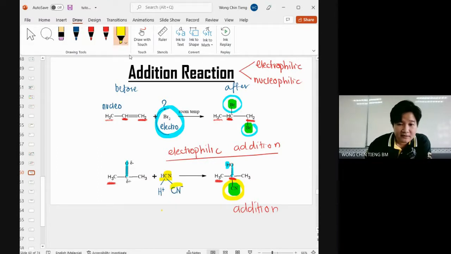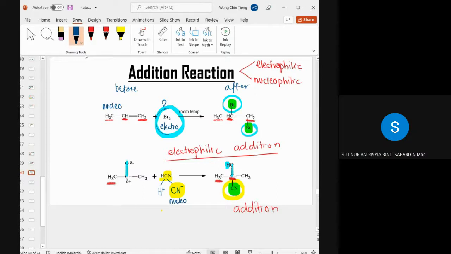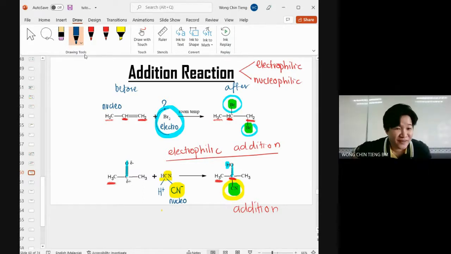Sayang, CN minus, electro or nuclear? Minus. Nuclear, betul? Negatif nuclear ya.